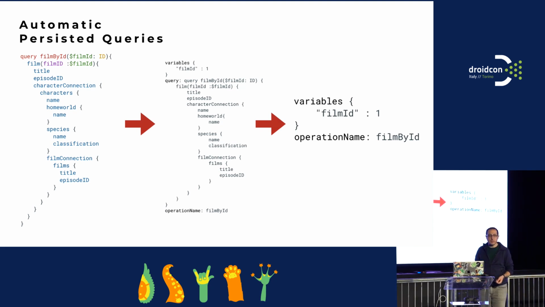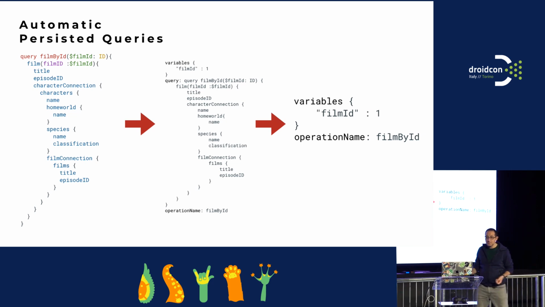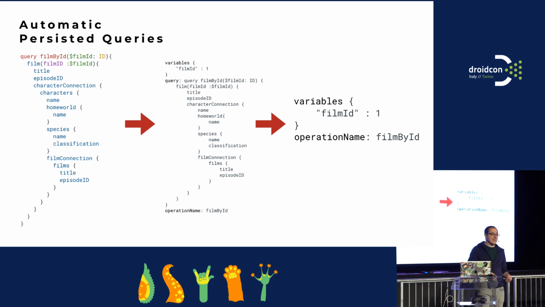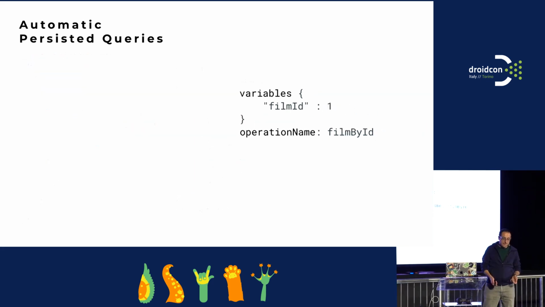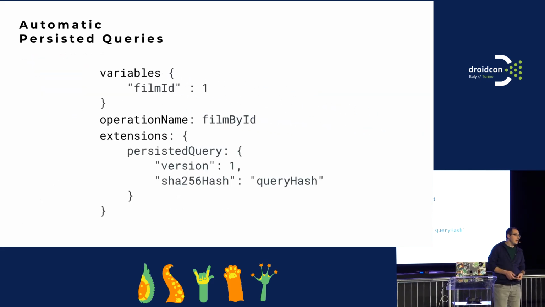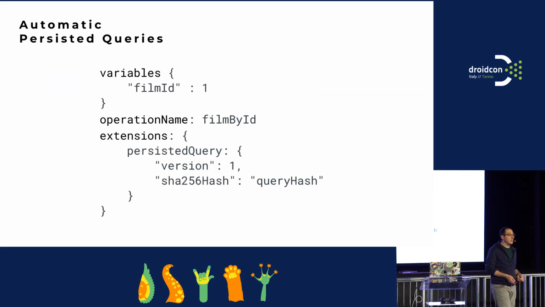Well, the operation name is not really going to change, but the combination of variables and the name of the query we want to execute is actually helping us understand what the query is, together with the hash number of what we send.